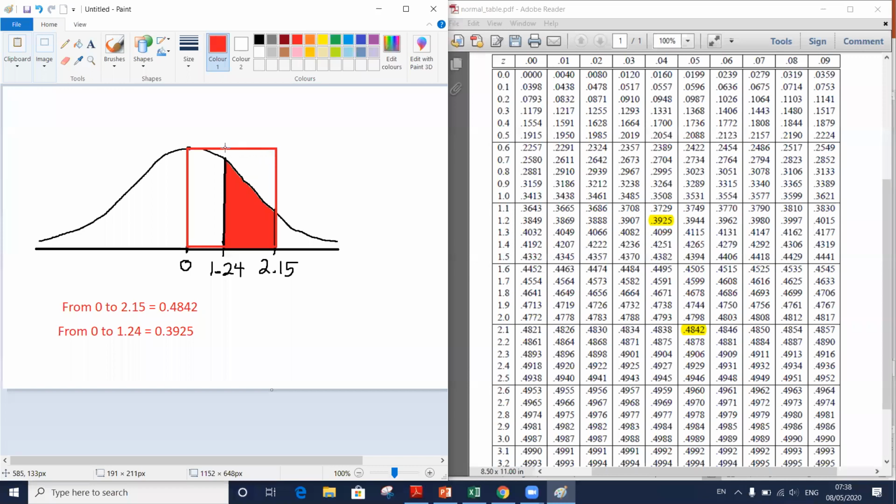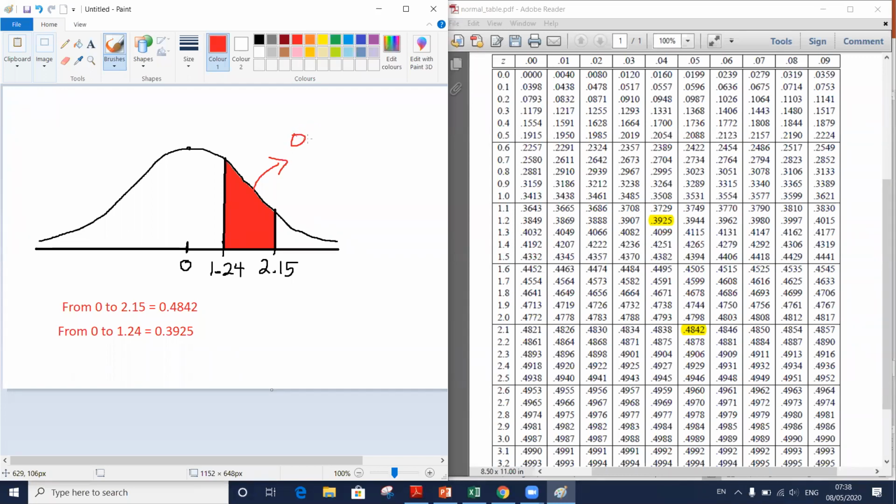From 0 to 1.24, the probability was 0.3925. So if we need to find the area between 2.15 and 1.24, what do we need to do?